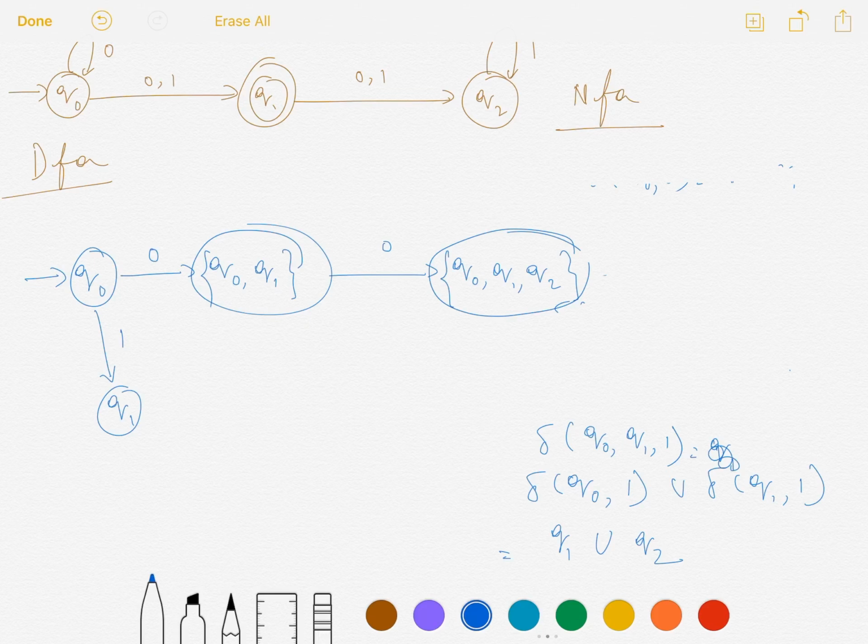So the direct values are there. After giving 1 to Q0 Q1, it is going to a new state where the properties of Q1 as well as Q2 are maintained.